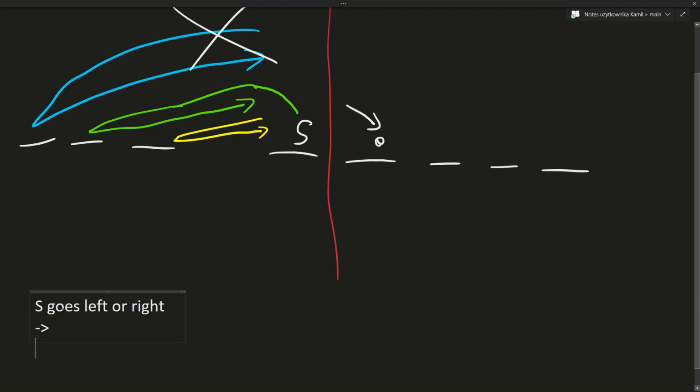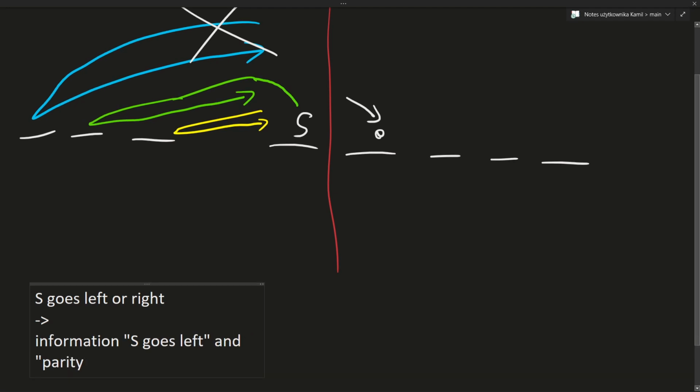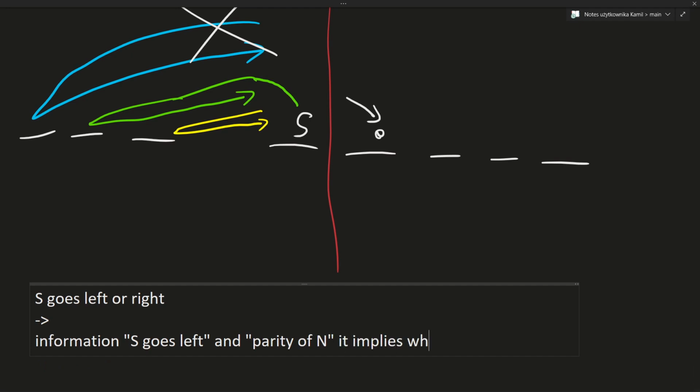And actually this will imply information like S goes left and parity of N. Actually together, if it is in any way important in your code, it implies whether T goes left, which is not important.